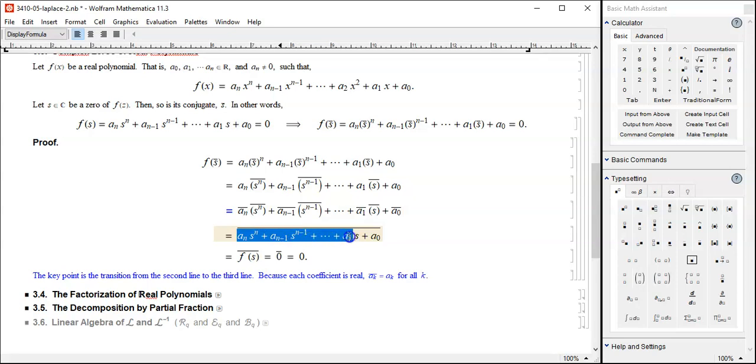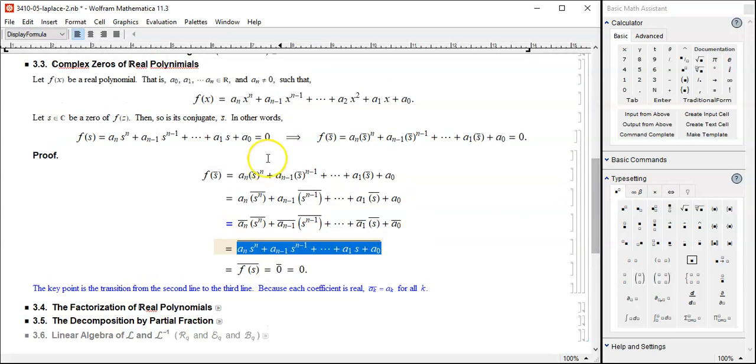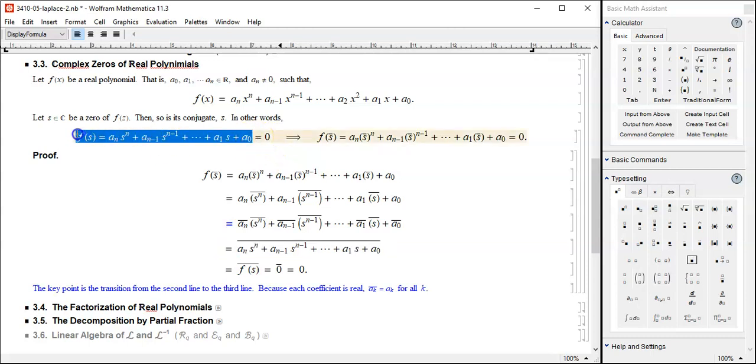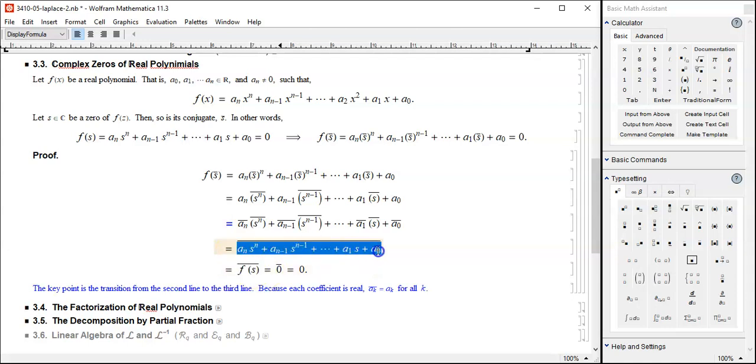Now, what is this one downstairs? That's exactly this. We have f of s. This one downstairs is f of s. And that's 0. So we have 0 bar, which is equal to 0. We got what we wanted. Basically using the properties of conjugate over and over again.